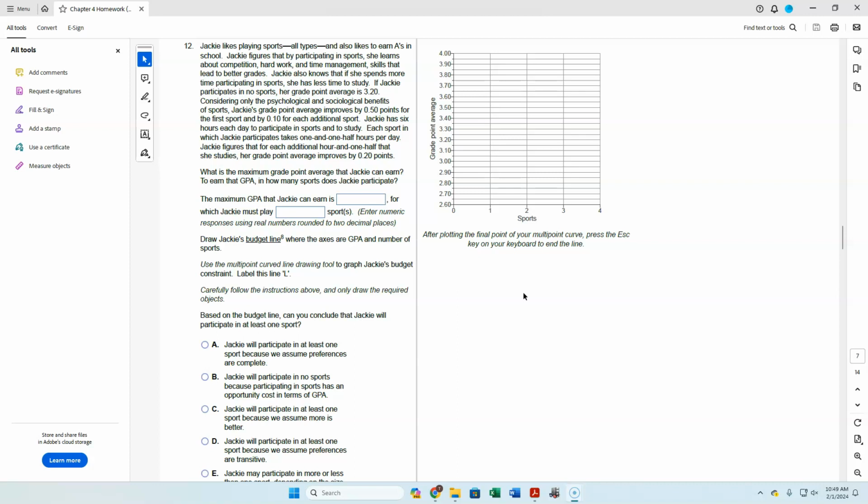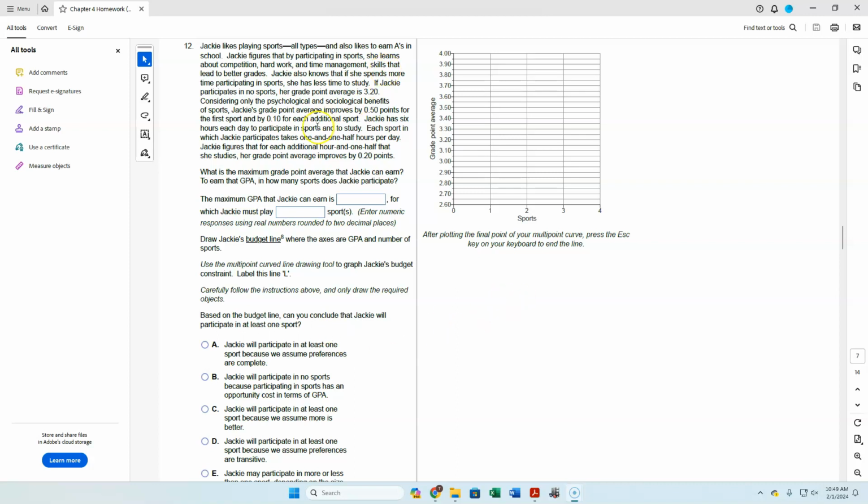Number 12. It's largely a matter of logic here. Only in the interest of time, given that we're at about the 33-minute mark, and I can pretty much assure you, you're not going to see this on the problem set or the exam, I'm going to skip it here just to save time.